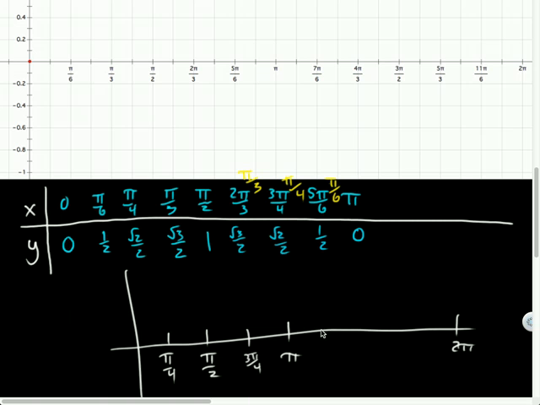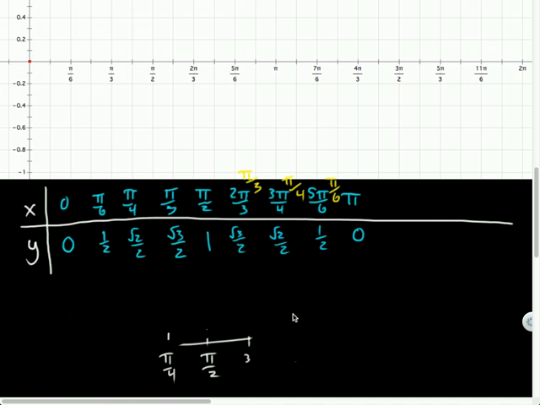This would be 4 pi over 4, and then 5 pi over 4. I guess I'm technically labeling this a little bit different, but I could have also divided by 6s. But anyways, I'm writing n instead of pi. I'm going to erase this, but you can figure that out. But we're gonna make our x-axis all radian angles of pi.